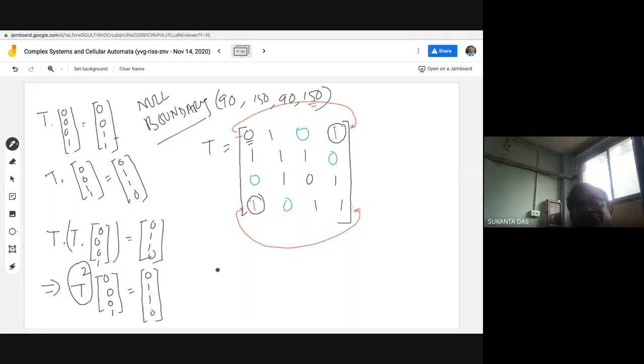In general, say T to the power k into x. Here, if you know T to the power k, then from this x you can move to the configuration which is reachable after k time steps, right? So this kind of jumping is possible if you somehow compute these values: T square, T cube, T4, etc. This is also possible here.